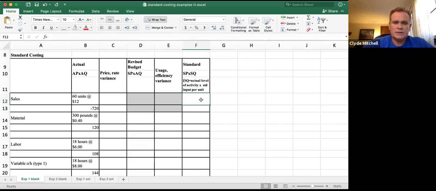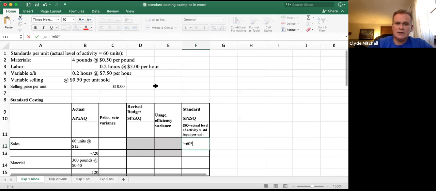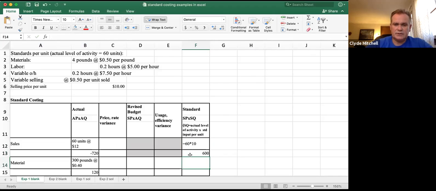So for sales, what is our expected sales? Well, it should be equal to the number of units sold, which in this case was 60, and we're going to be multiplying that by the selling price, and the selling price was given here as $10. So if we go and work that out, and I'm just putting this in twice so you can see the workings, that's going to be $600, and because it's revenue, it's going to be shown as negative.